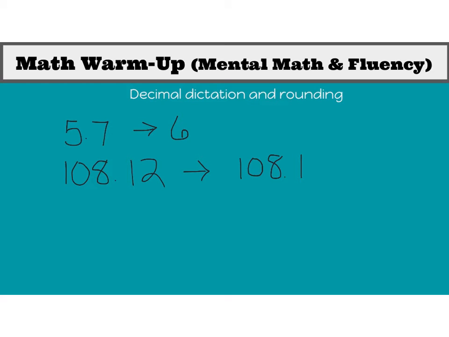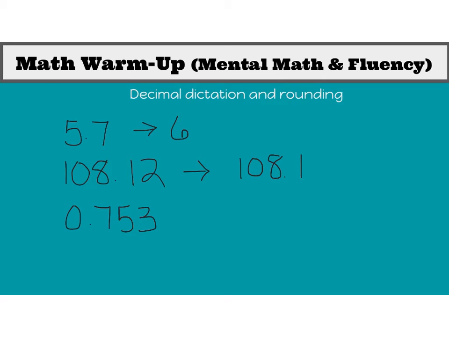Okay, let's take a look. Let's do a third one. Write the decimal 753 thousandths. Pause your video. You should have written 0.753.